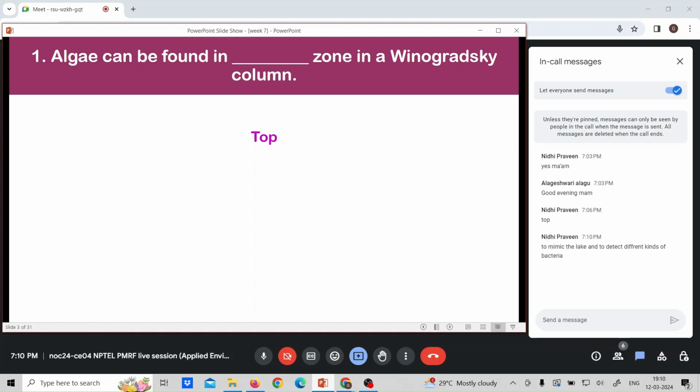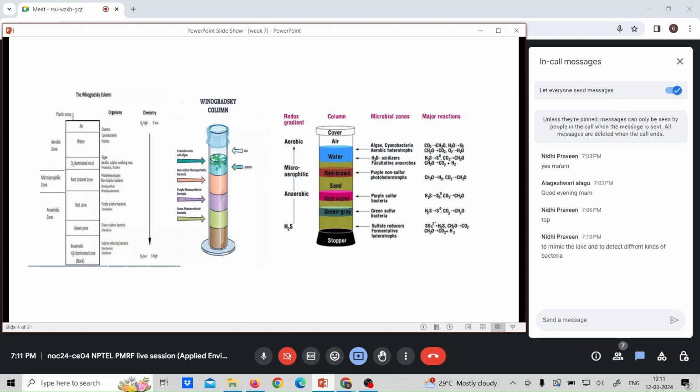Okay, that is one answer. Would anyone else want to give a try? So as shown in this picture, a Vinogradsky column is generally used to culture multiple microorganisms.